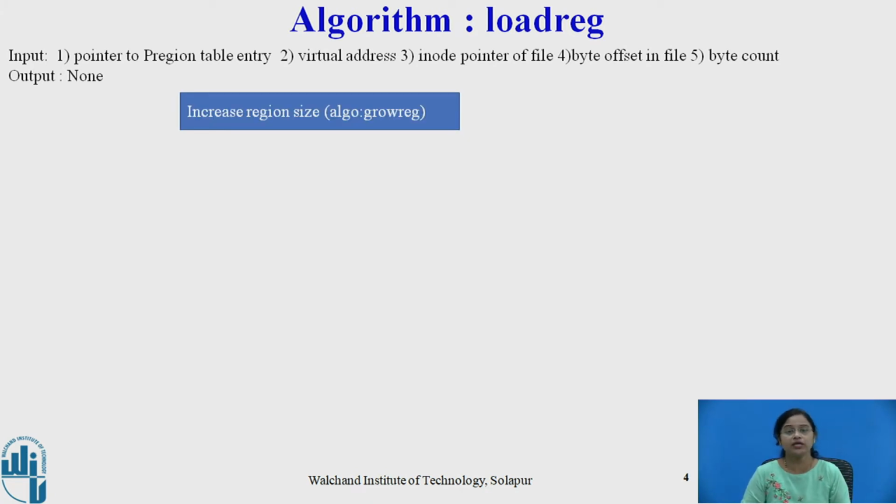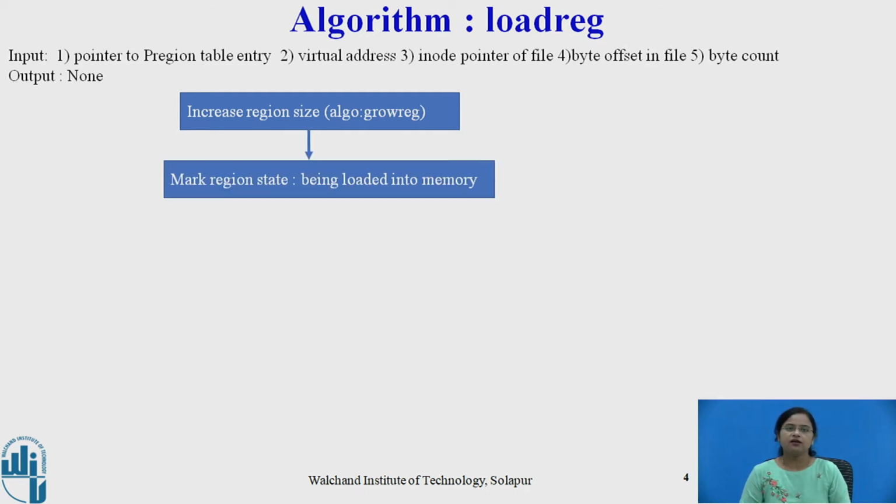First it has to increase the size of the region using the grow region algorithm. Then it has to mark the region state. Once it increases the size using grow region, it marks the region state as being loaded into memory.